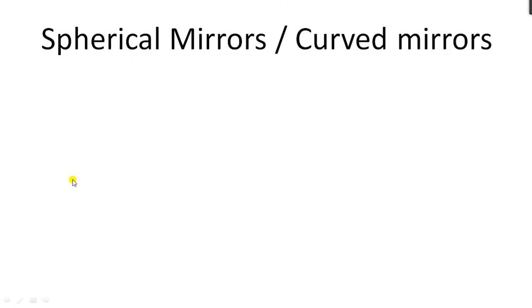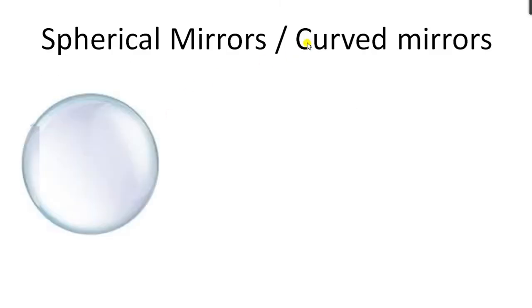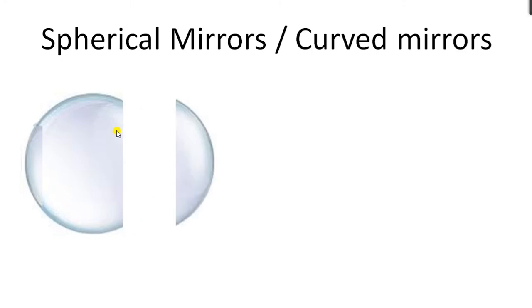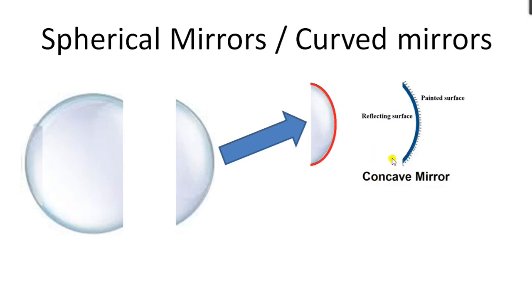And another type of mirror is spherical mirror or curved mirror. So let's see how to make a spherical mirror. So we take a sphere, we cut a part of sphere, and now we can paint front side or the back side. If you paint the outer part of the sphere, then you'll get a concave mirror, because the reflecting side will be the cave side.